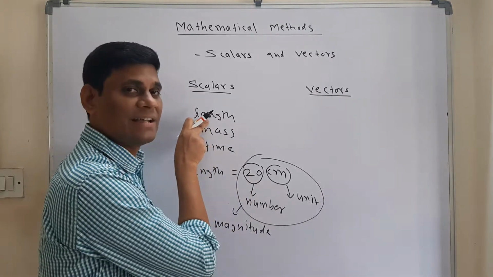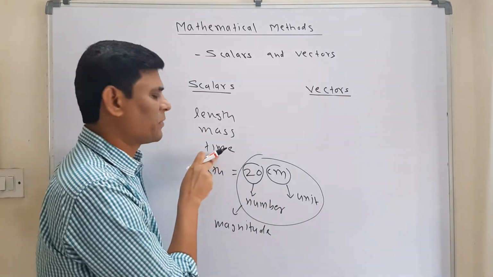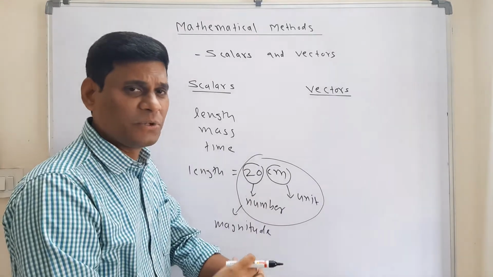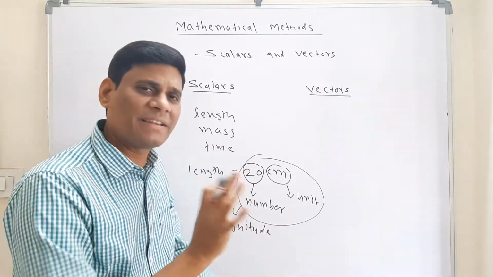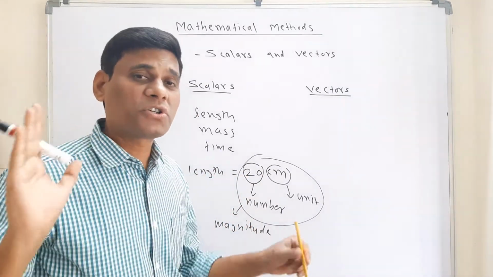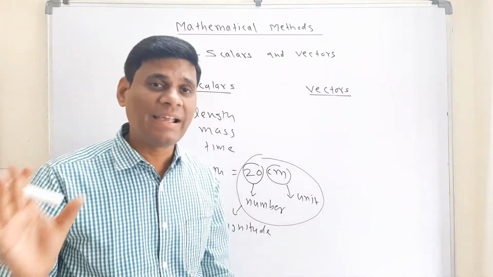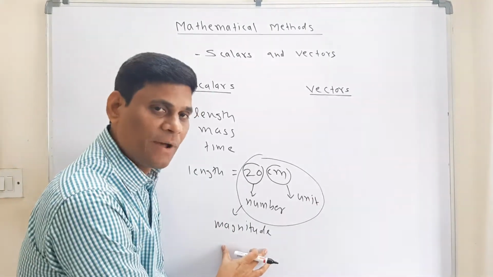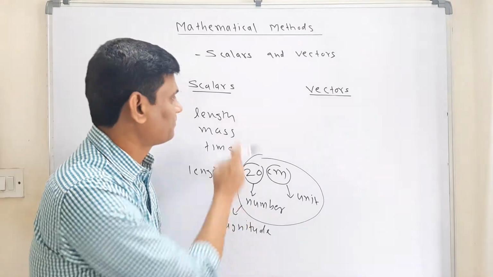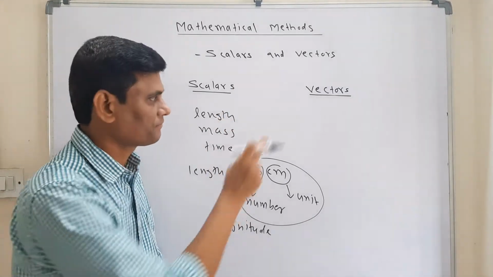So it acts as a scalar quantity. If suppose time, simply what is time? You need not record any direction. You just require the magnitude. So those quantities which are described completely by giving magnitude only, we call scalars. And these are the examples.